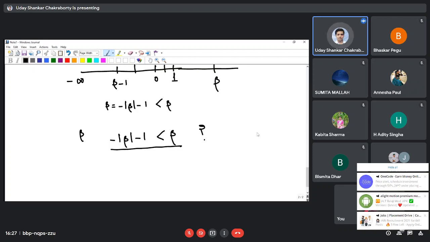If it is between 0 and 1, let's say beta equal to half, then minus half minus 1 is still less than beta, no problem. If it is negative, minus of mod beta is nothing but beta, so beta minus 1 is less than beta. So the element is minus mod beta minus 1. Is this clear to all of you?